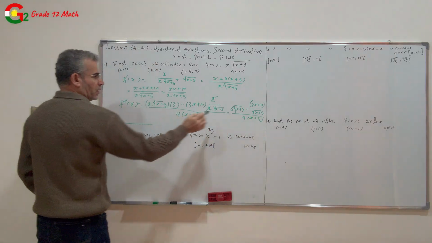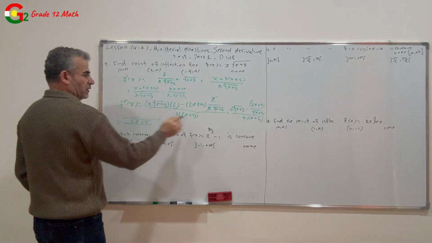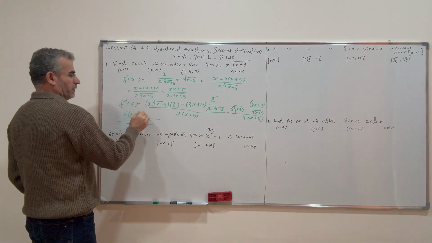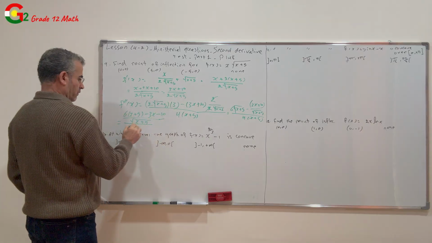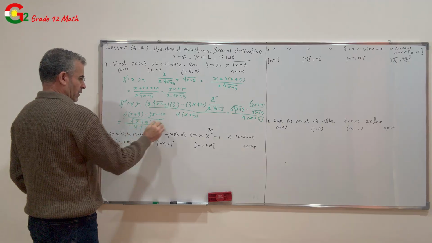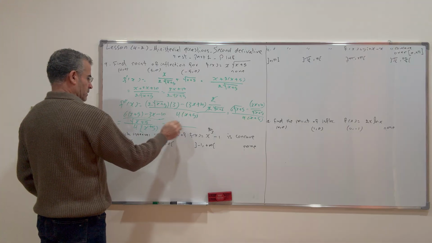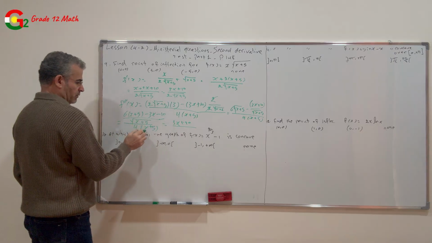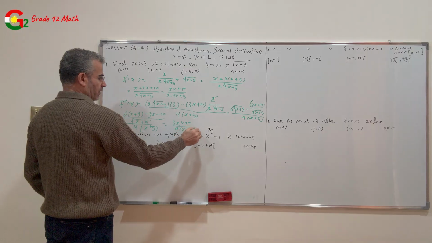With the common denominator, that equals 6 times (x plus 5) minus 3x minus 10 over 4 times (x plus 5), which equals 3x plus 20 over square root of x plus 5 times (x plus 5), that is, (x plus 5) to the power 3 over 2.